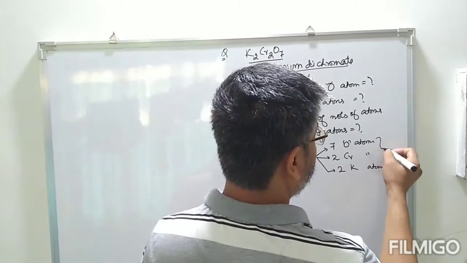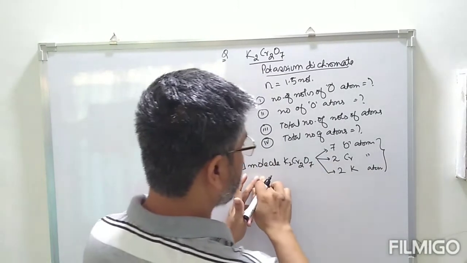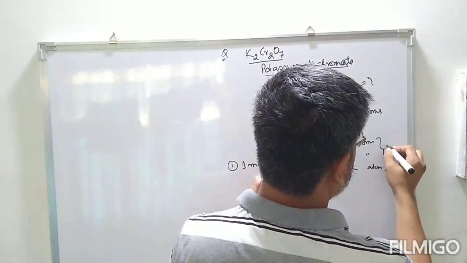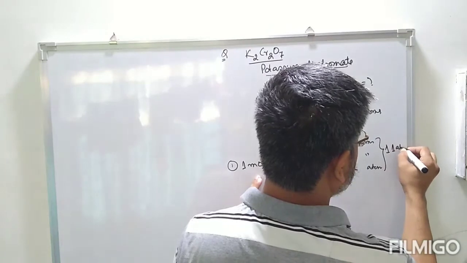So the total number of atoms present in a single molecule of potassium dichromate is 11 atoms.